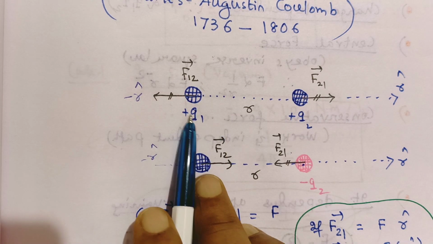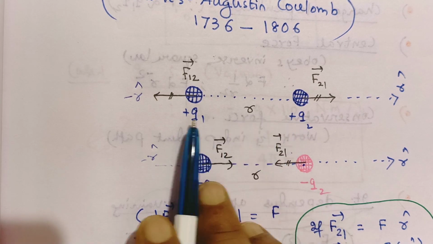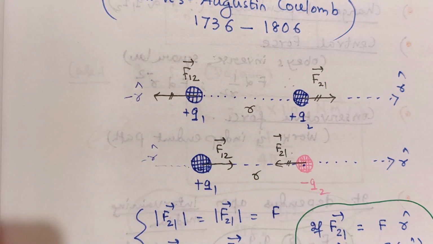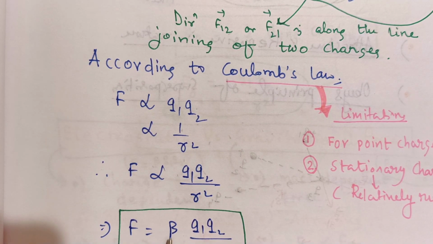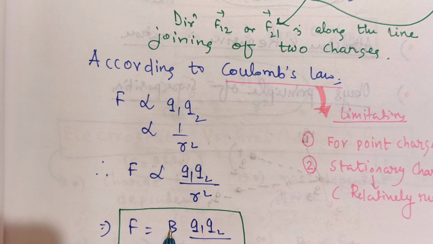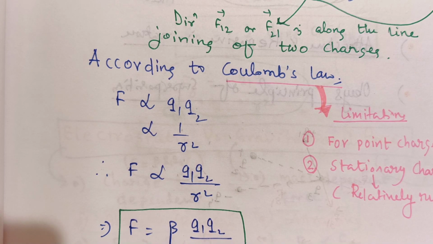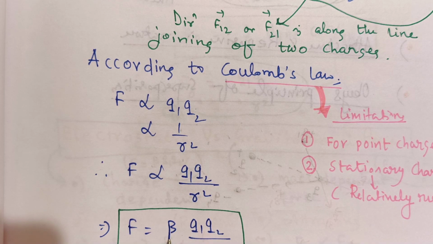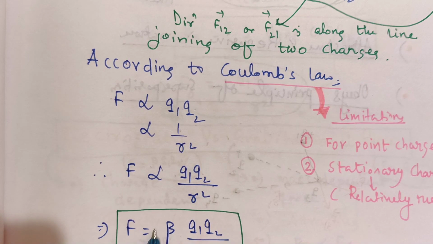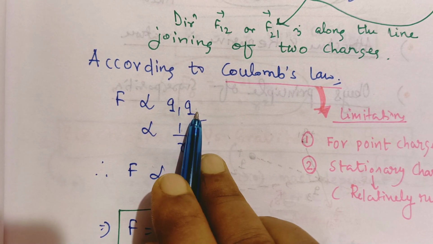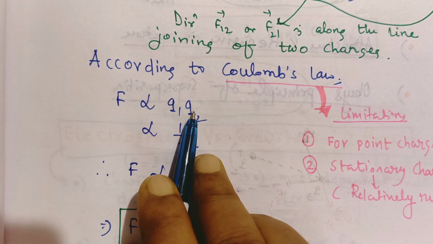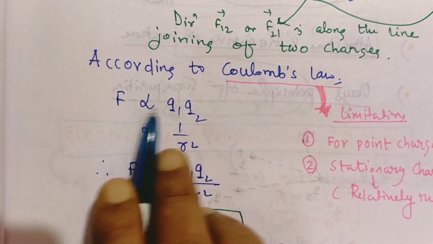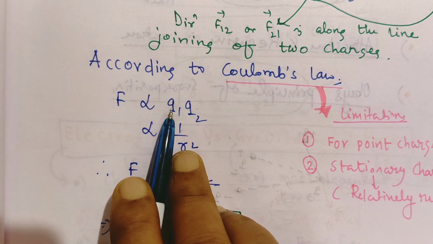Whether the Q1 and Q2 magnitudes are different or the same, that does not matter, because in the formula, just remember, k is constant and the distance remains constant for a given distance in a given medium. F is proportional to Q1 into Q2. The force acting on Q1 due to Q2 is the same as the force acting on Q2 due to Q1. A very simple answer should be like that.